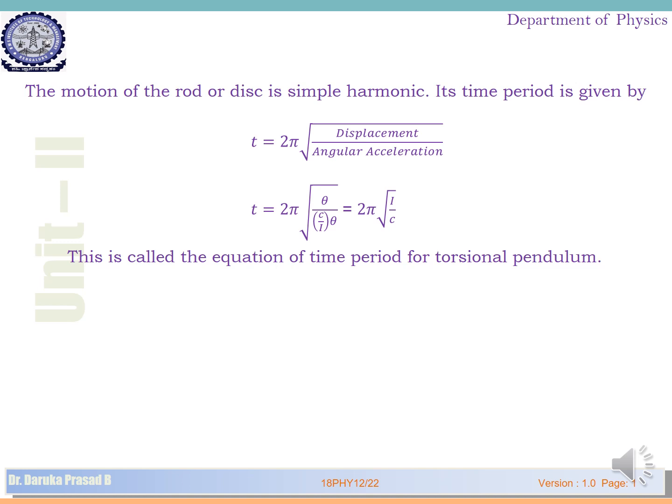Therefore, T is equal to 2 pi into square root of theta over C by I into theta. Neglect the negative sign, which just indicates a sign convention. So you get the expression for the time period of a torsional pendulum as 2 pi root of I by C, where I is the moment of inertia and C is the couple per unit twist of the given torsional pendulum.